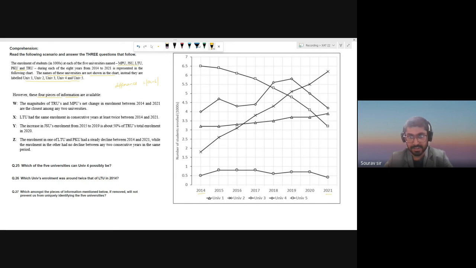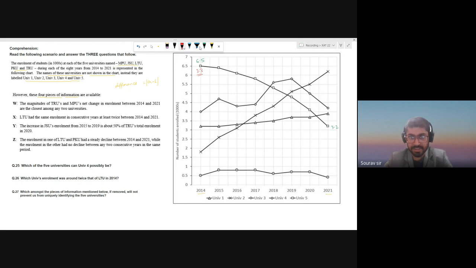So let us read from the graph for which one is university 1, the triangle one. Let's read from the top down. This is 6.5. And this graph ends at around 3.2. So the net change here is 3.3.